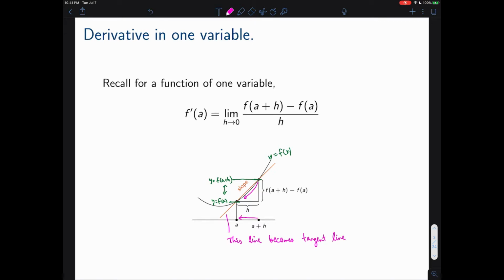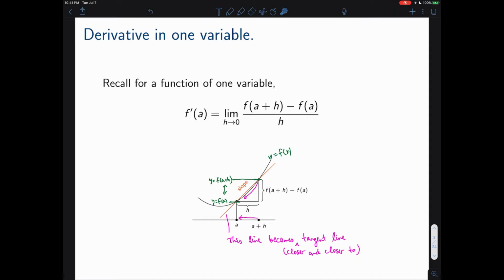Or if you want to be technical, it's becoming closer and closer to it. I don't know if we ever reach the end of that limit, but the point is that these orange lines approach the tangent line, so the slope approaches the tangent line slope. And that's what the derivative is. It's giving the tangent line slope.